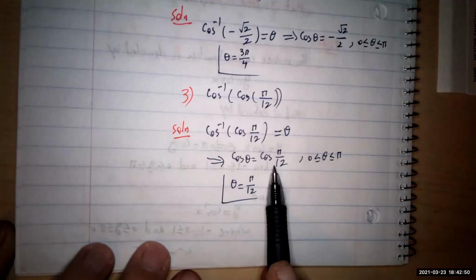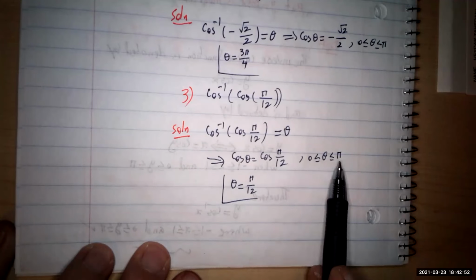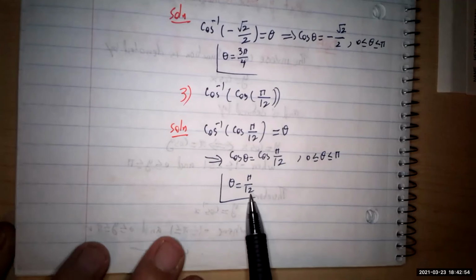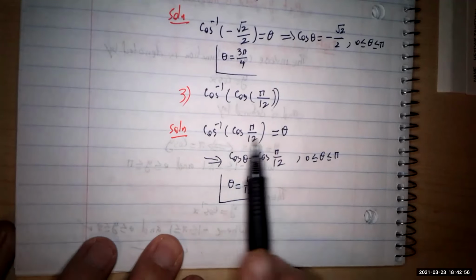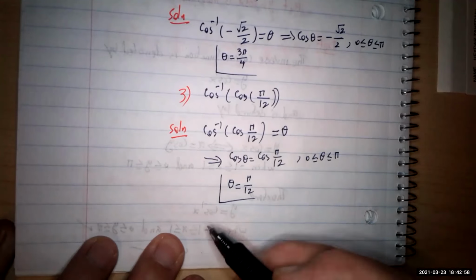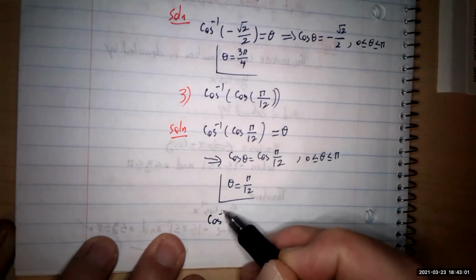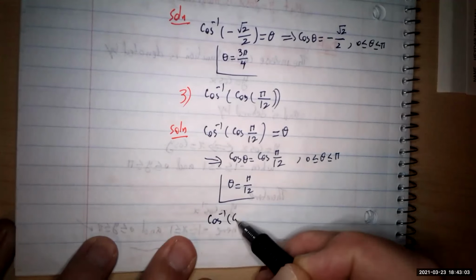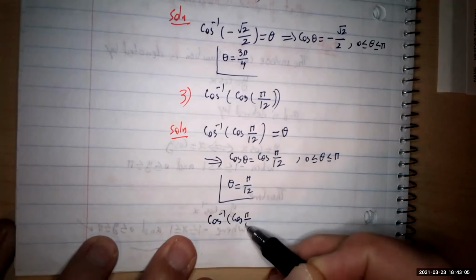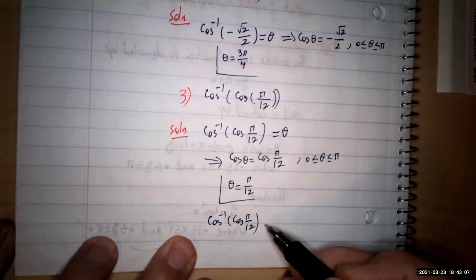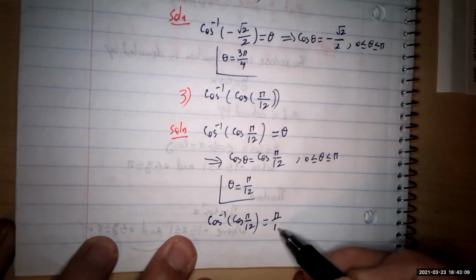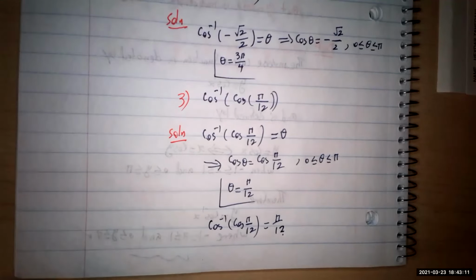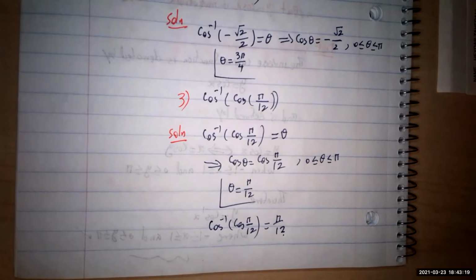Because the cosines are the same and they are in this range, the theta must be pi/12. So if you go back and substitute, that gives you the fact that the cosine inverse of the cosine of pi/12 is equal to pi/12.